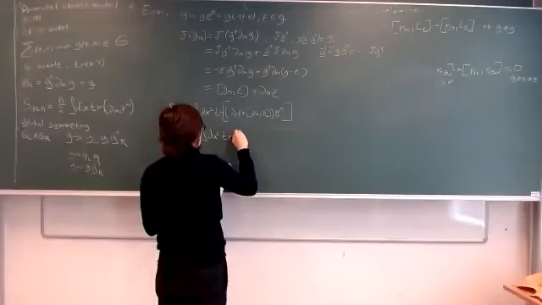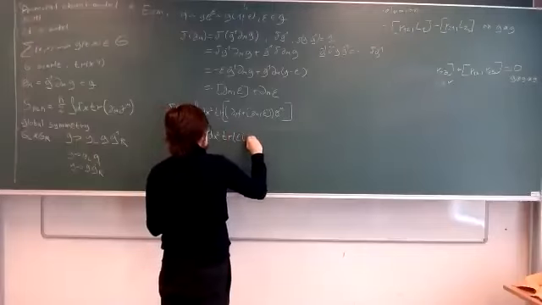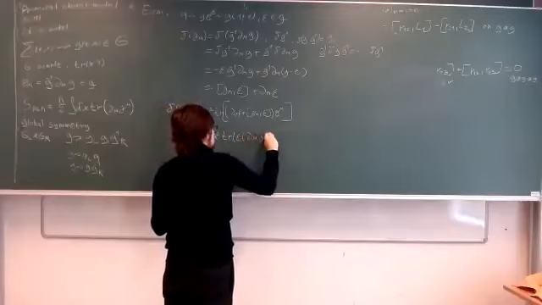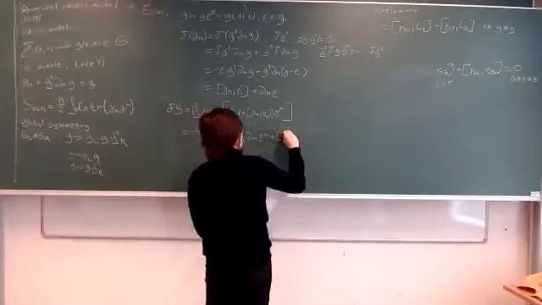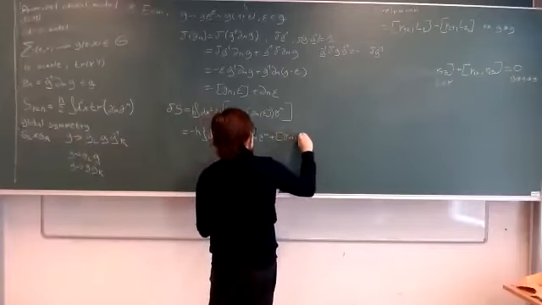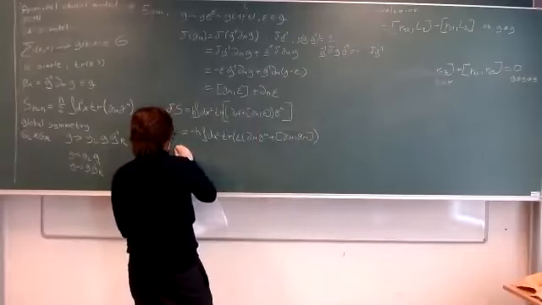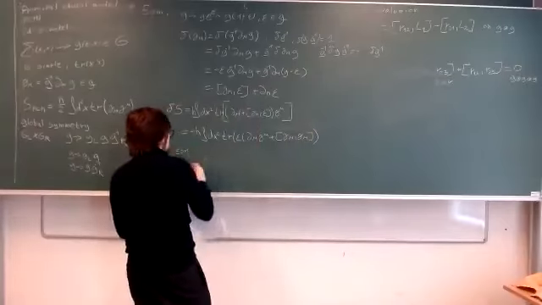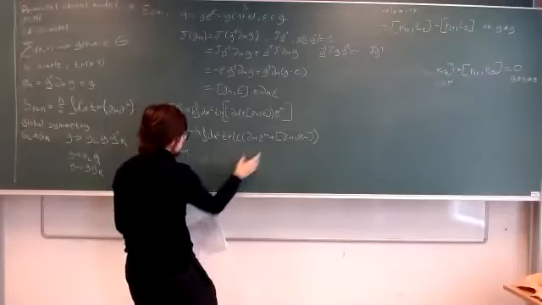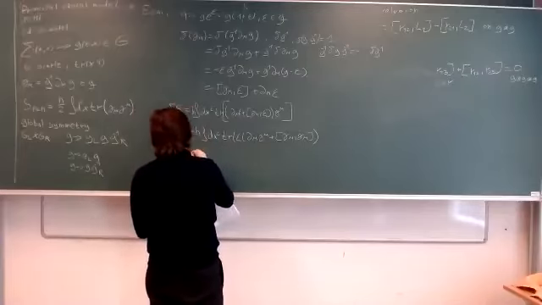So this will be trace of epsilon times d mu j mu plus the commutator mu. So I get my equation of motion. Of course, I want this to be 0 for all epsilon, so I want this vector to be 0.